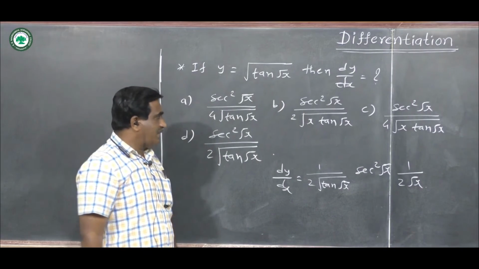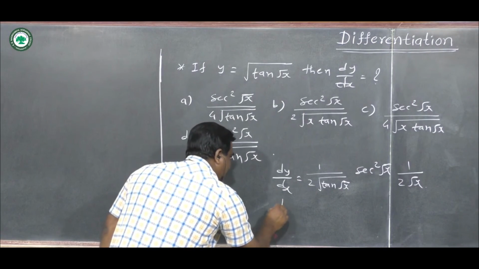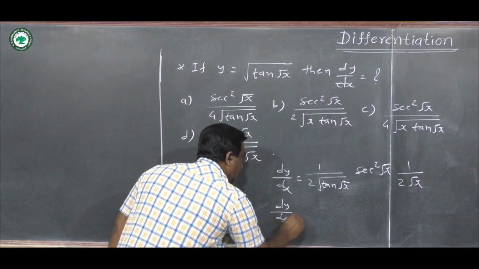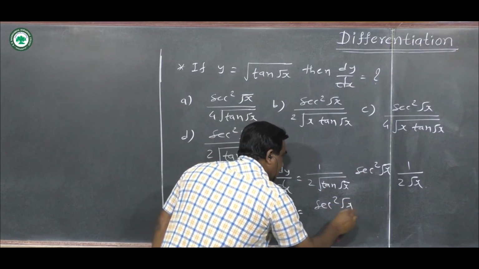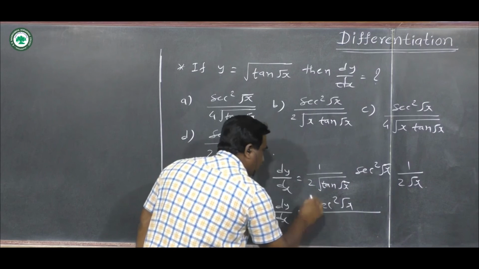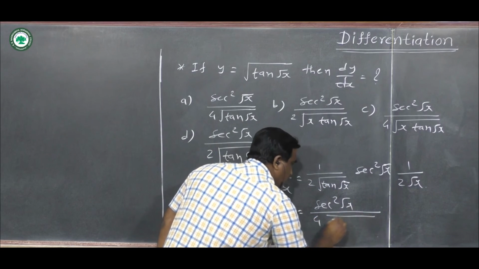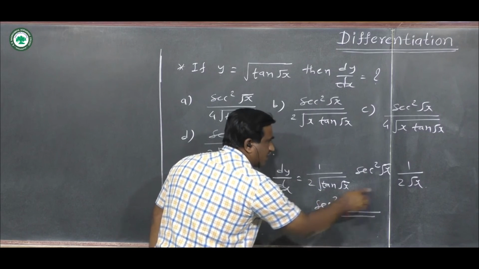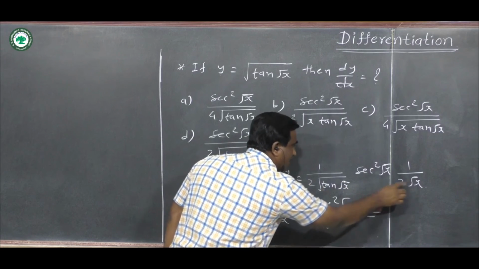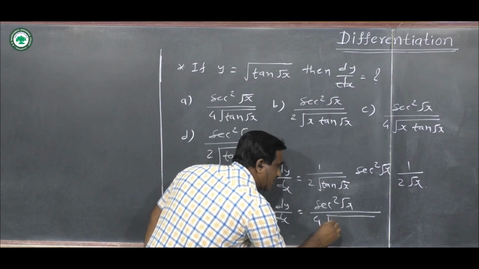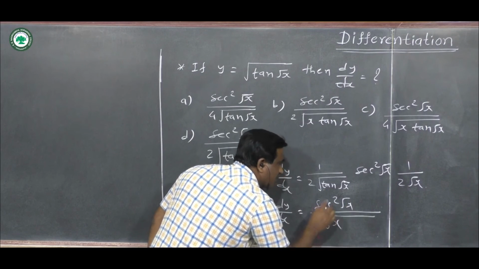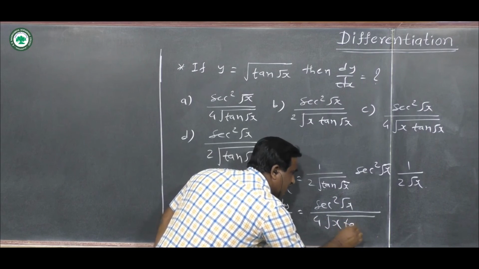That is, we can write here dy by dx is equal to sec square of root x upon 2 into 2, that is 4 into under root tan of root x into under root x. We can write these two terms under one root sign, that is under root x into tan of root x.